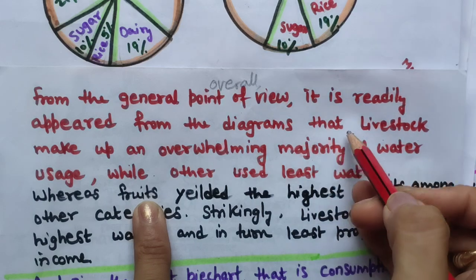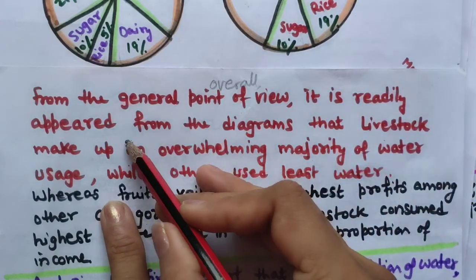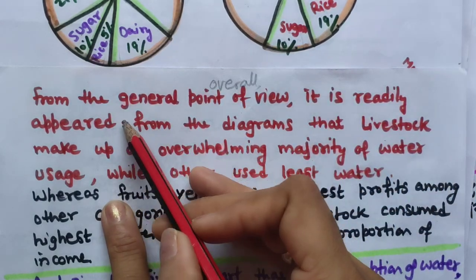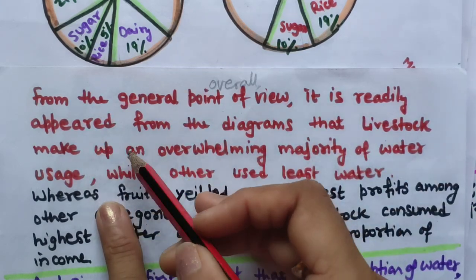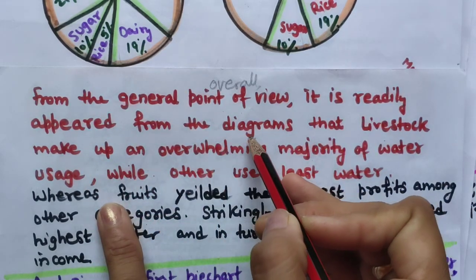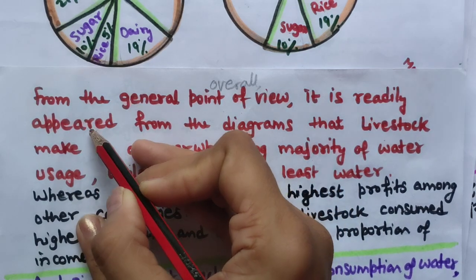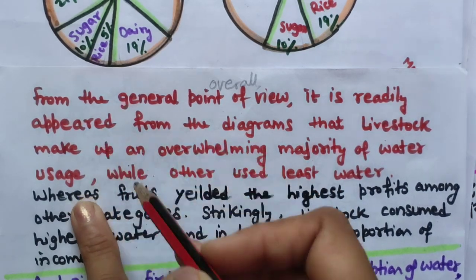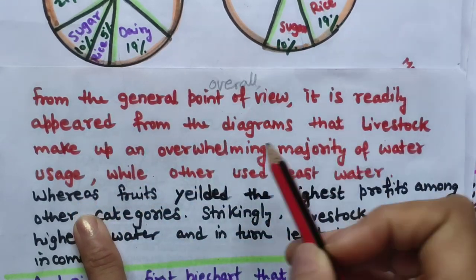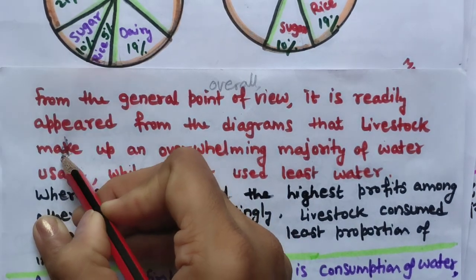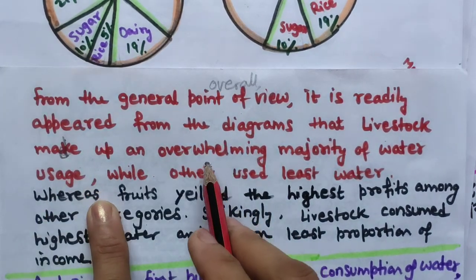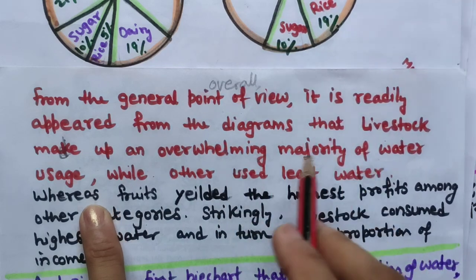Overall, comma, it can be seen from the diagrams, but what I have written, you can use this also. From the general point of view, it is readily apparent from the diagrams that livestock made up an overwhelming majority of water consumption.